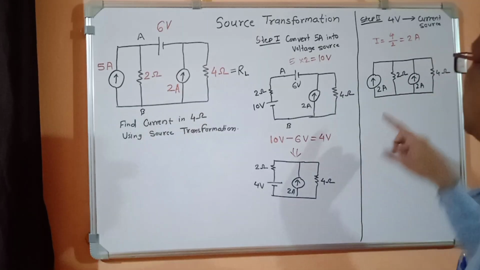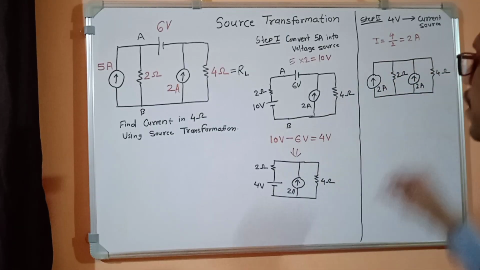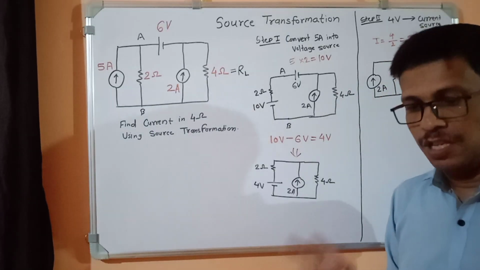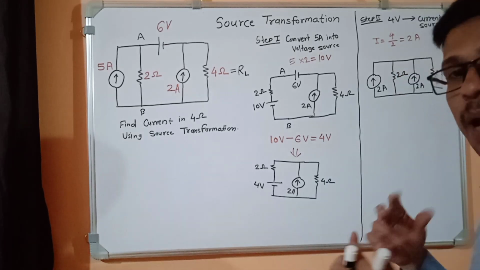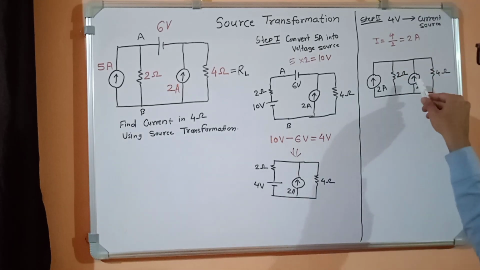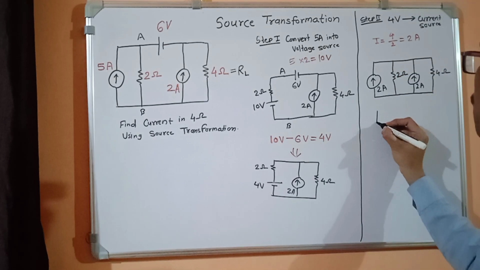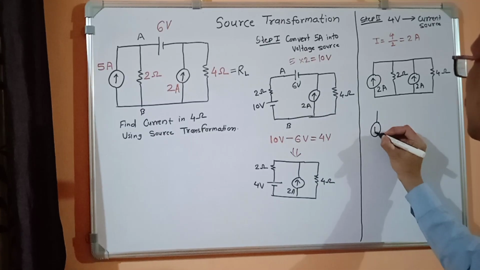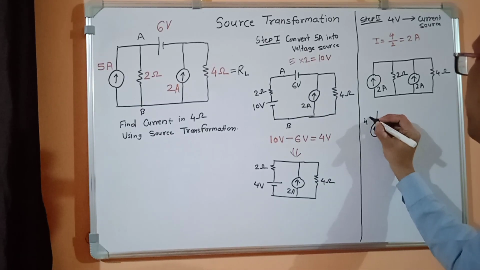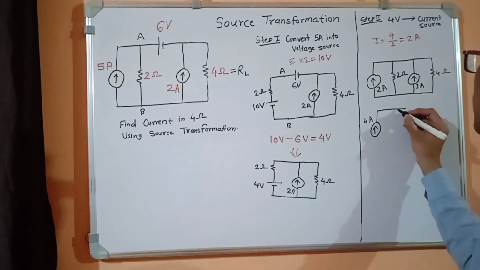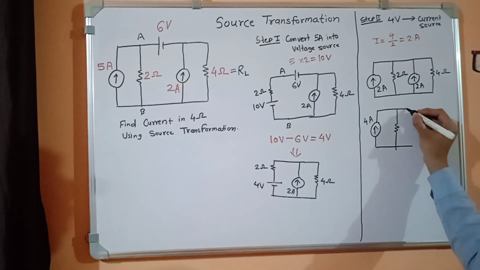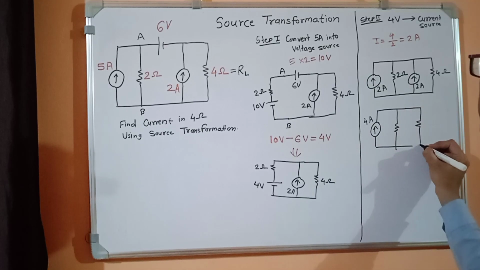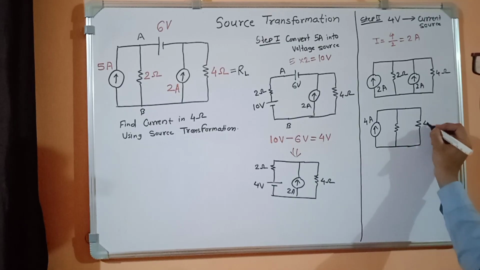Now if you see, 2 ampere and 2 ampere are in parallel, so we can add or merge these two current sources. 2 ampere and 2 ampere give me 4 ampere. This resistance remains 2 ohm, and this 4 ohm remains as it is.